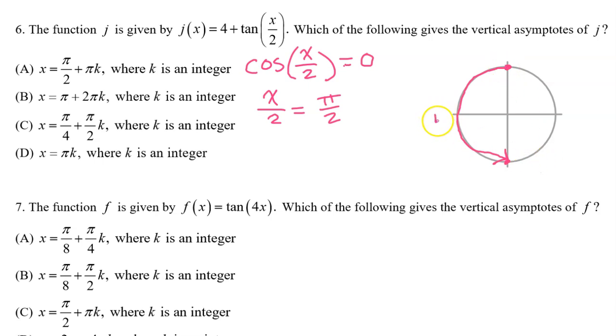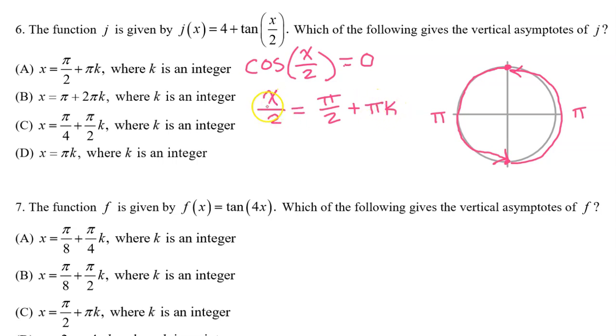And in fact, if I go another pi radians, that takes me back to where I started from, and that gives me another solution. So every time I go pi radians, I'm going to get a solution. So I can get more solutions by adding multiples of pi. That's why I'm going to put plus pi k, where k represents any integer.